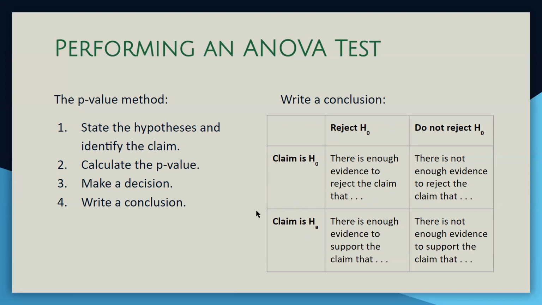Versus the claim is the alternative, we talk about support. There is enough evidence to support. There is not enough evidence to support. And you'll notice that sentence frame has a dot dot dot at the end. Once you've stated your decision in words about the claim, you should summarize what the claim was. Meaning a person that's reading your conclusion should not have to go back to the original word problem to figure out what's going on.